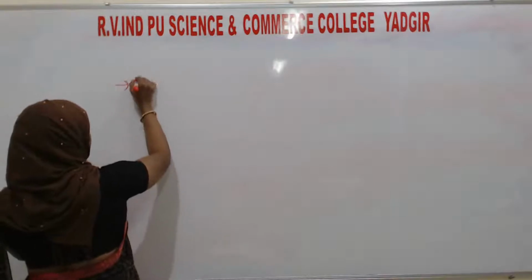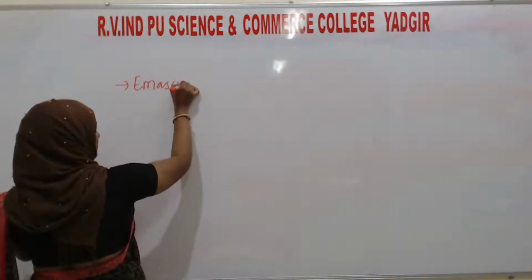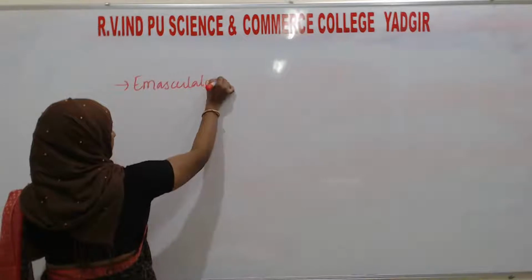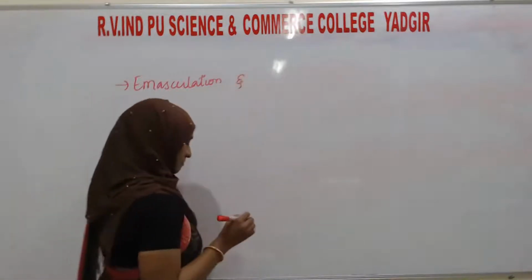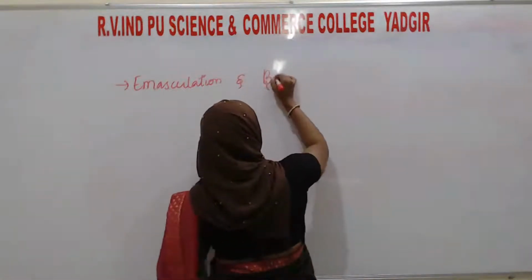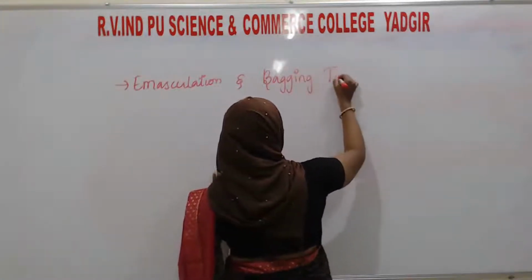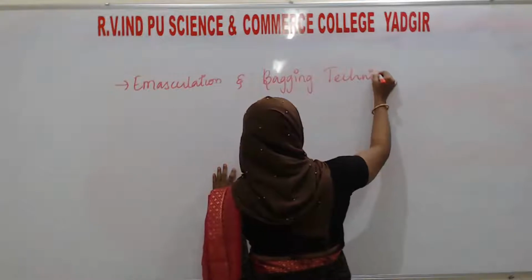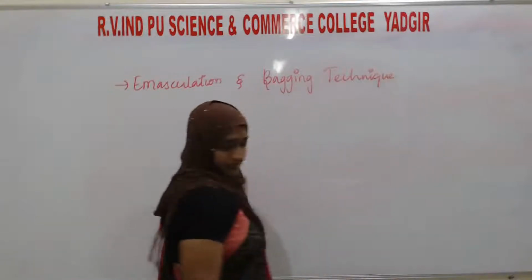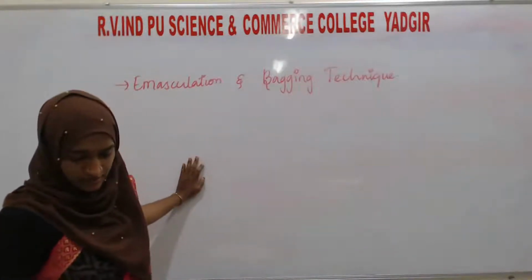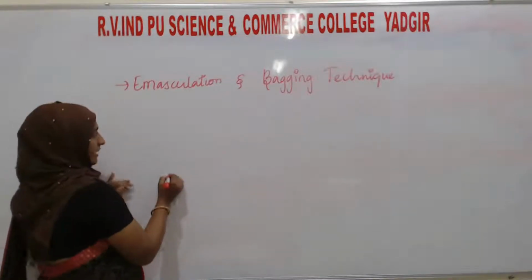So first up, we will see about this emasculation and hybridization. See here, one female parent is there.